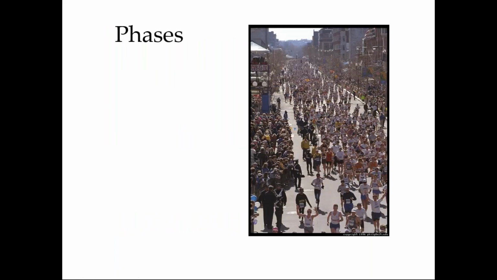So, a very simple example for you to understand the phases. Here is a road in which you have a large number of runners participating in a marathon. From this, I'm sure all of you can tell which is the stationary phase. The stationary phase is the road because it doesn't move.